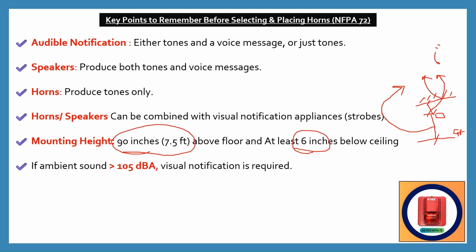What would be the maximum sound level? The maximum sound level shall not exceed 110 dBA for horns or speakers. We need to be mindful that the sound should not exceed 110 dBA as it can be harmful to hearing. As per NFPA 72, this is the requirement.